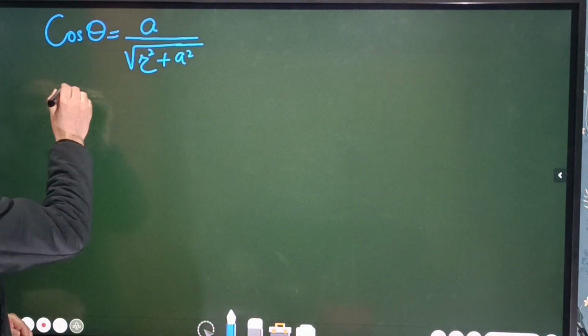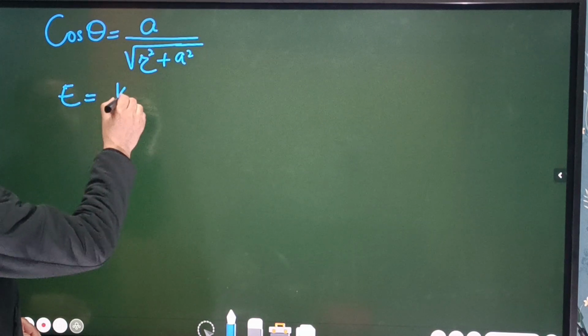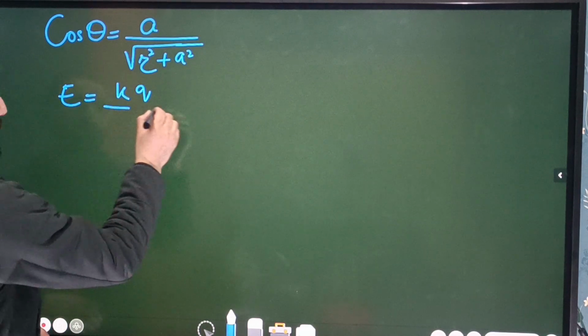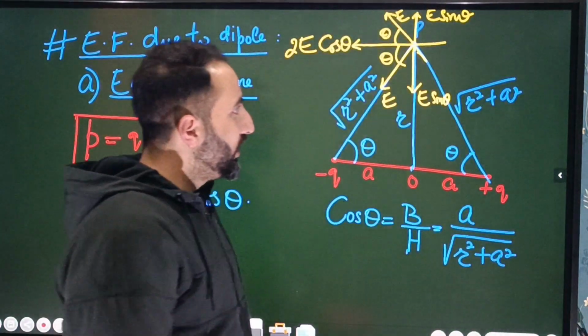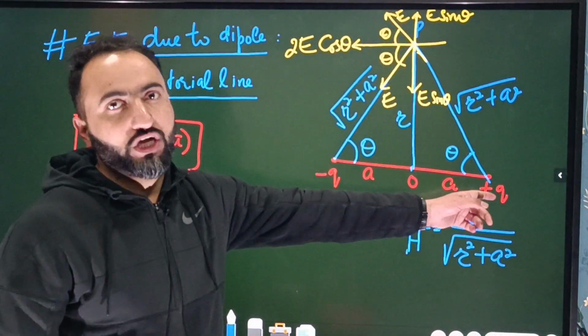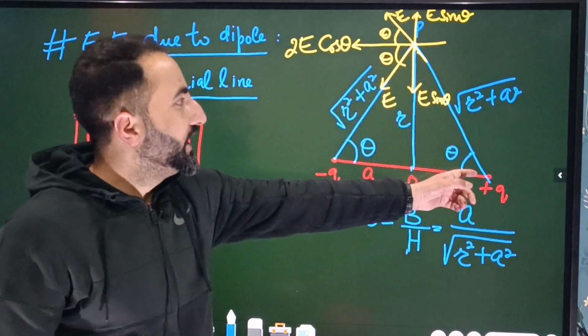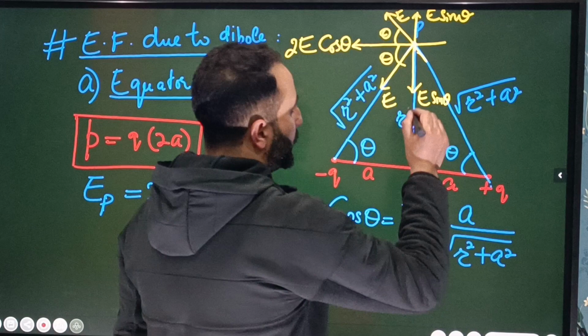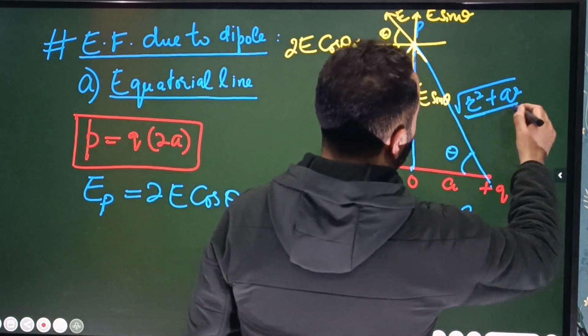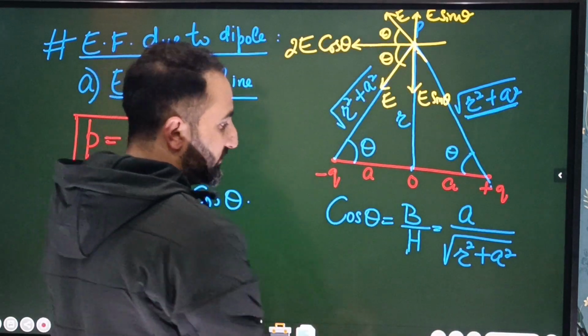Then let me write down the electrostatic field E. E is the electrostatic field because of this point charge. That's equal to K multiplied by Q divided by distance square. And what's the distance between this point P and this charge Q? That is obviously root of r square plus a square.